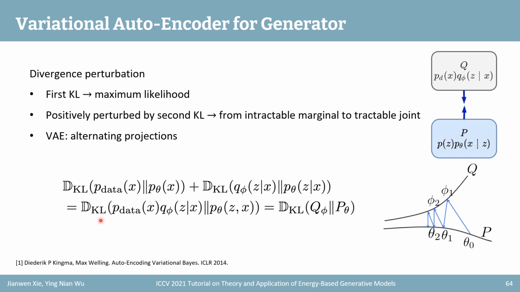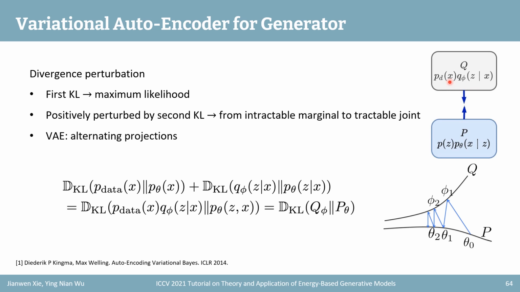And then we also have the data density P data. The expectation with respect to P data can always be approximated by an average over observed examples. We have this P data of x, and we pair it with this inference model Q phi of z given x. This gives us another joint distribution of x and z.